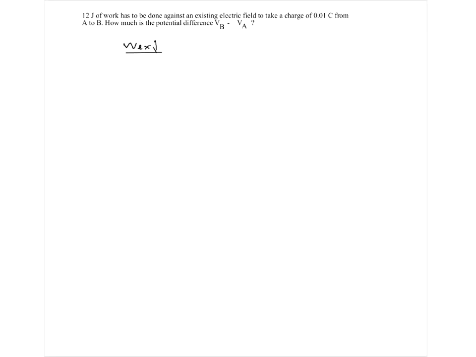Work done by the external agent per unit charge, that will be potential difference. It is done against the field, so it is WEXT. So 12 divided by 0.01. If anybody has any questions, then let me know.